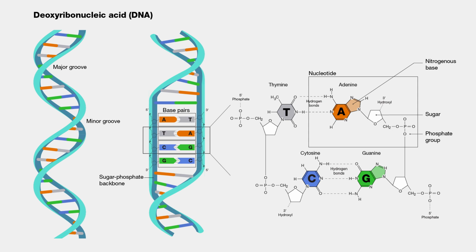A double helix structure is basically like that, where each of the sides of the ladder represents a different chain of nucleotides. So you've got two chains of nucleotides, one on each side, and each of the rungs represents the base pairing that occurs between the nitrogenous bases on each of those nucleotides, and we'll look at that in a second.